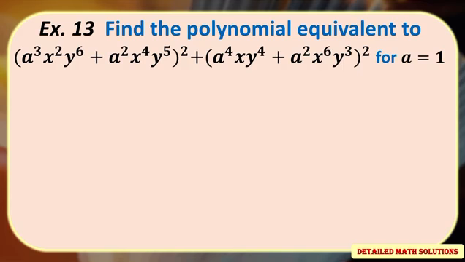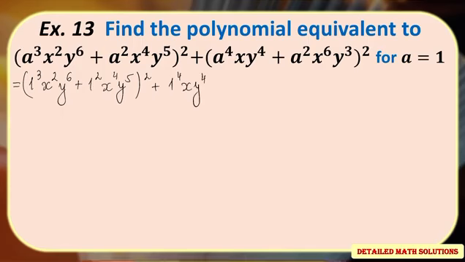When I do that, this equals 1 cubed x squared y to the 6th power plus 1 squared x to the 4th power y to the 5th in parentheses squared plus 1 to the 4th power x y to the 4th power plus 1 squared x to the 6th y to the 3rd power in parentheses squared.